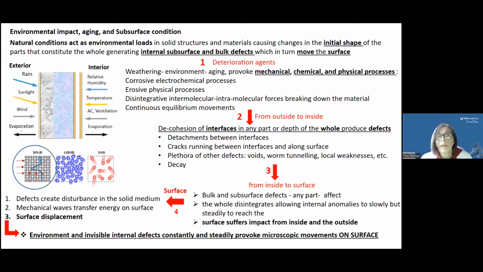So we think about art objects as wholes that interact all the time with the environment, and they are susceptible to deterioration due to this interaction. And this deterioration causes changes in the shape of the structure.